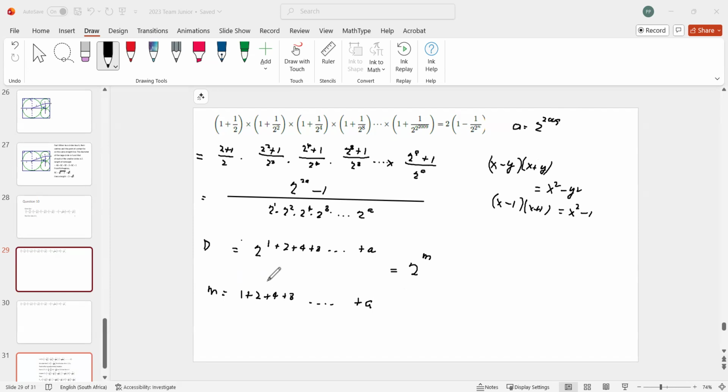Now, how do I calculate this? This is an example of what you call a geometric series, where each term is 2 times the previous one. Instead of 2 times, you could have had 5 times the previous one, and so on.